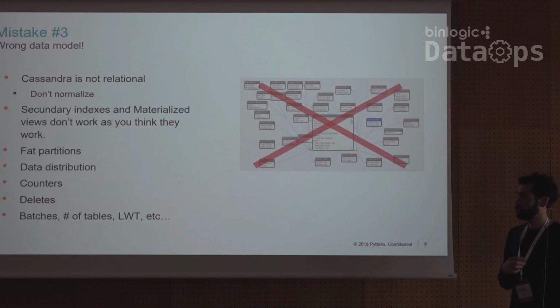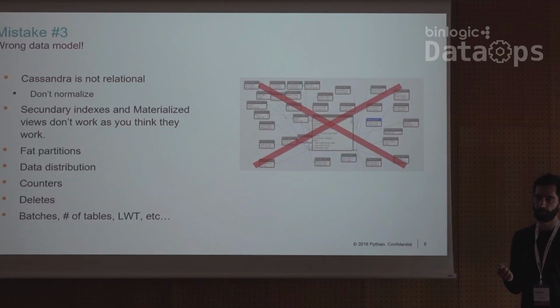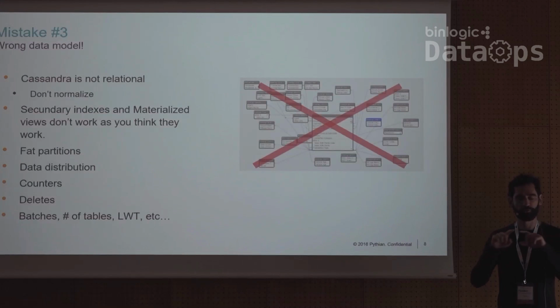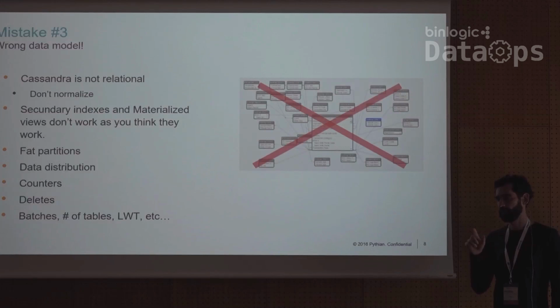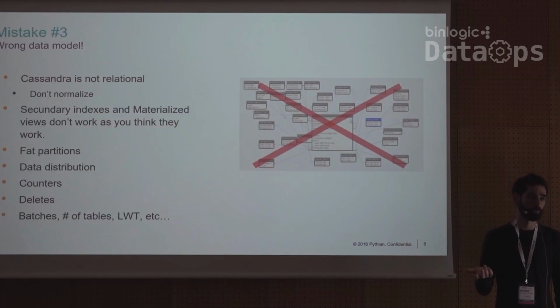Also, fat partitions are sometimes a problem. Whenever you have fat partitions in Cassandra, you run the risk of creating hotspots in the cluster. And what does this mean? You usually consider the Cassandra cluster like a ring, and you would want the data to be evenly distributed throughout the ring, throughout all the servers, because you want optimal performance.